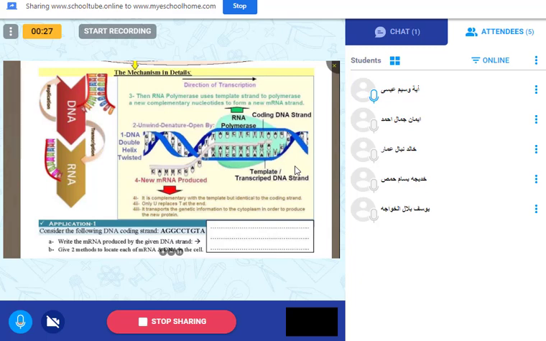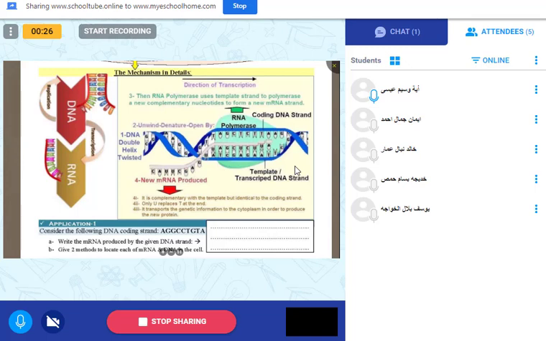But instead of T up there I have what? I have U. Correct? Yes. Instead of T, U. So it is the same as the coding but instead of T, U, and it is complementary to the original template.